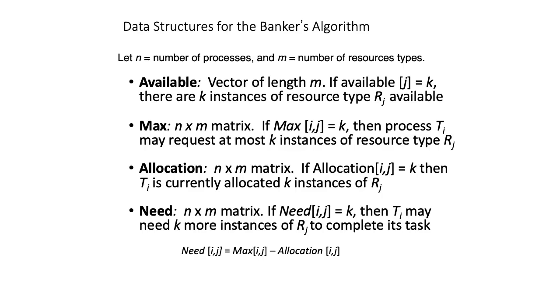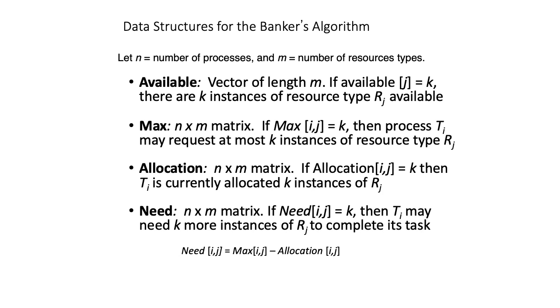So to start applying the banker's algorithm, we're going to define some data structures that we're going to use in the algorithm. The first data structure is Available, which defines the number of instances of each resource type that we have available in the system. The Max data structure represents the maximum need of a process.